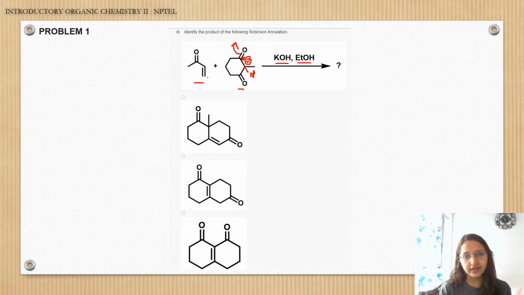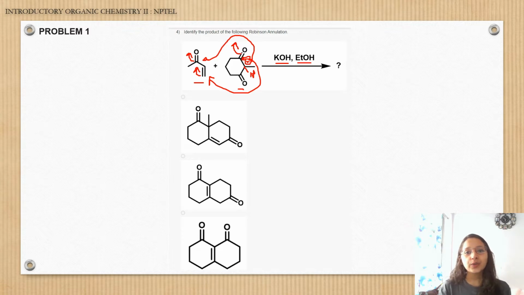There are two possibilities, right? Either this carbanion will attack directly on this carbonyl, or it will attack this double bond, and then the electrons will shift, and this shifting will take place. There are two possibilities for how it can attack.